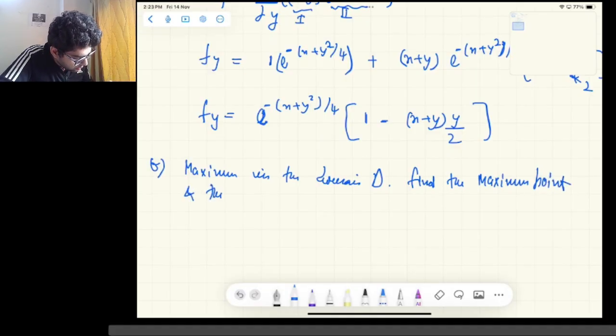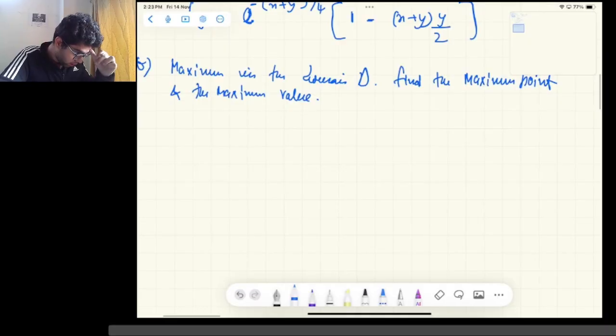So now let's find the maximum in the domain D, find the maximum point and the maximum value.